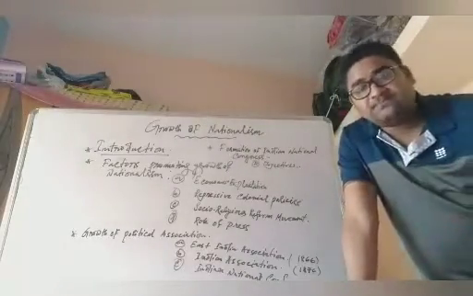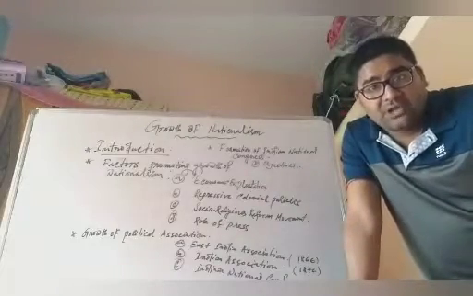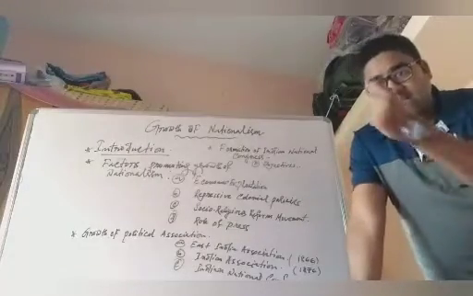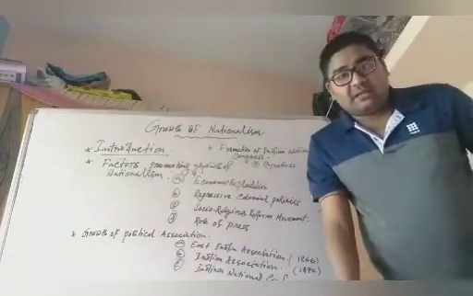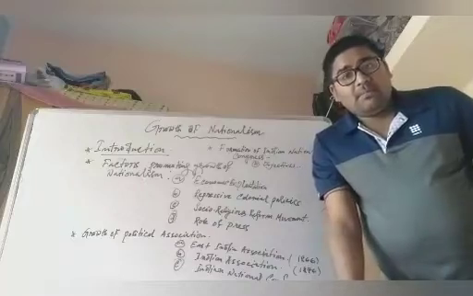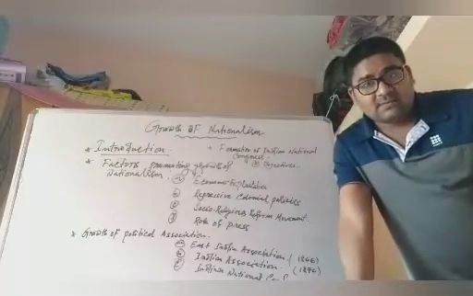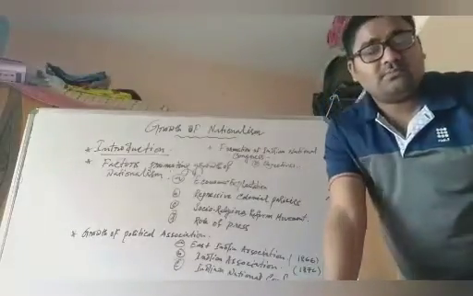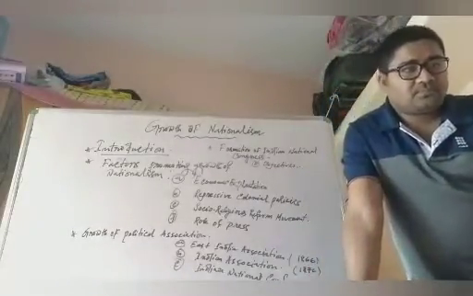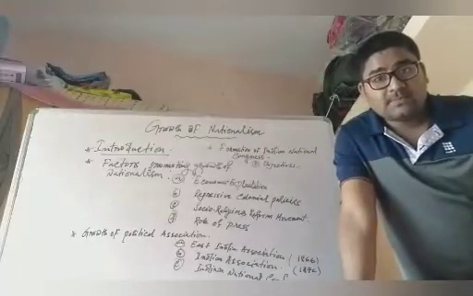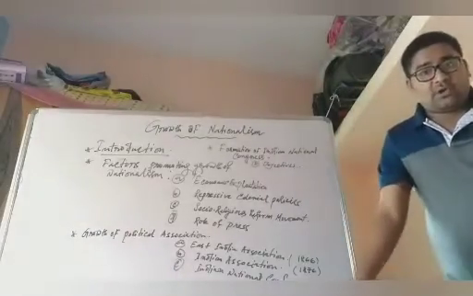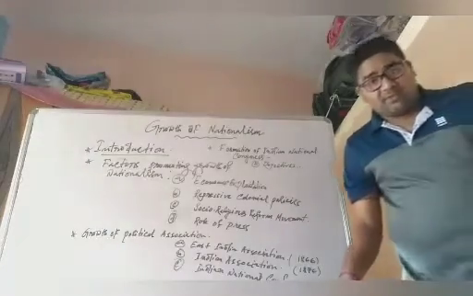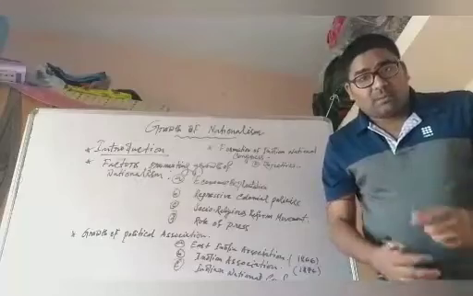He started a campaign for the abolition of sati and the parda system, and due to his initiative, in 1829, Lord William Bentinck passed an act and banned sati. He also opposed child marriage and advocated widow remarriage.